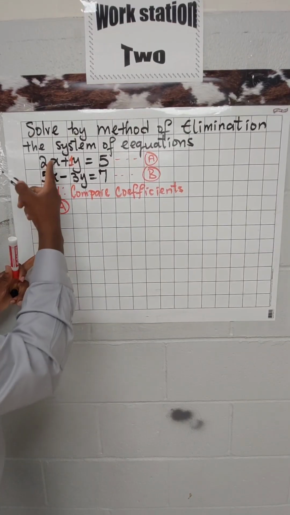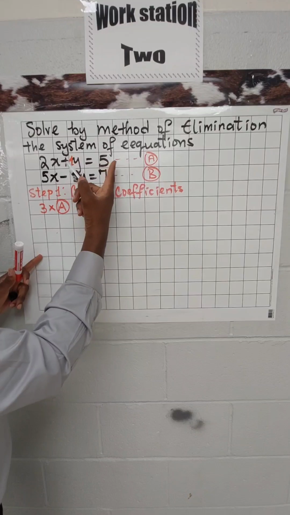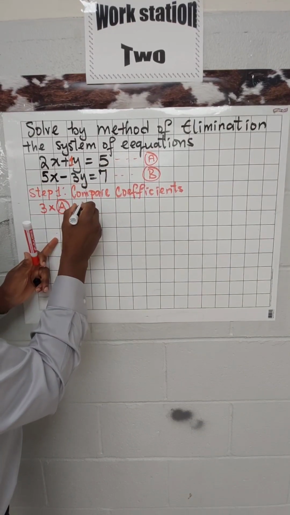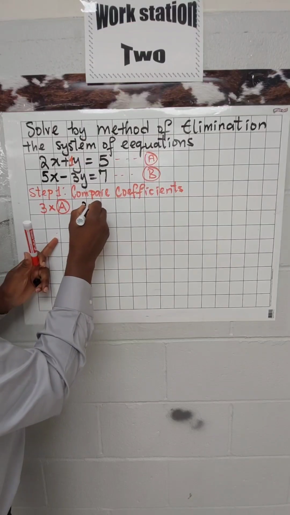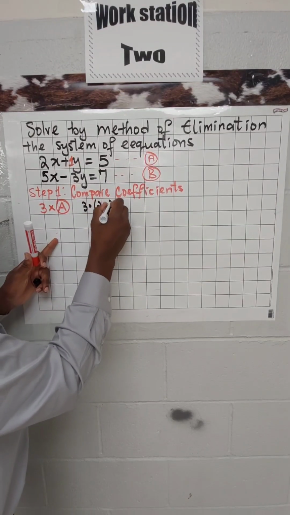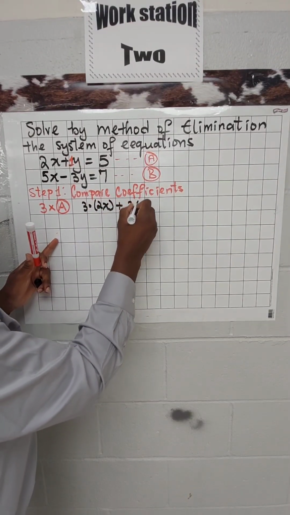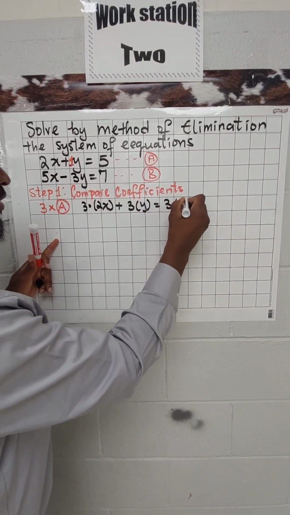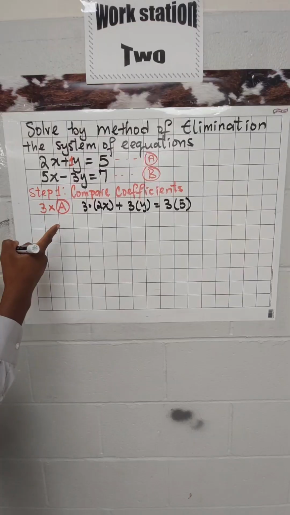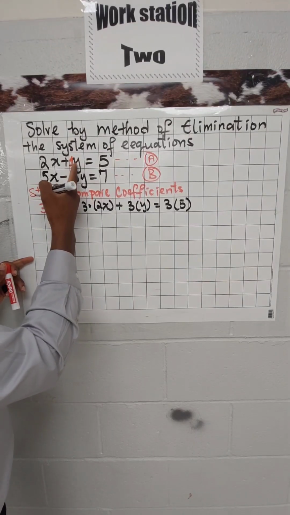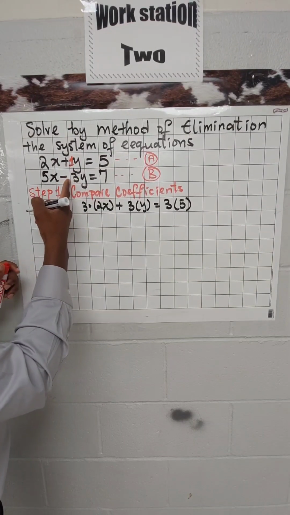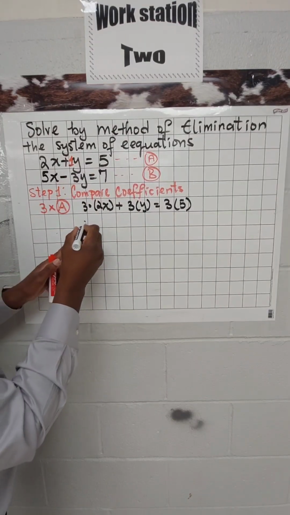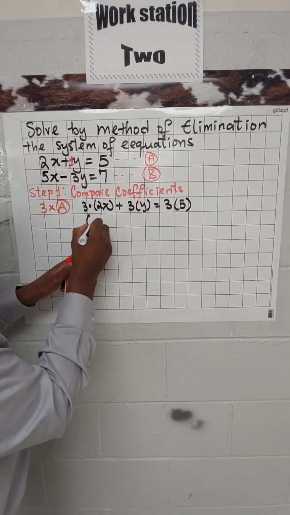We're multiplying every term in equation A by 3. So I will have 3 times 2x plus 3 times y equals 3 times 5. That is what I'm doing to equation A. The goal is to make this a 3 so that I can add to equation B to eliminate the y term.